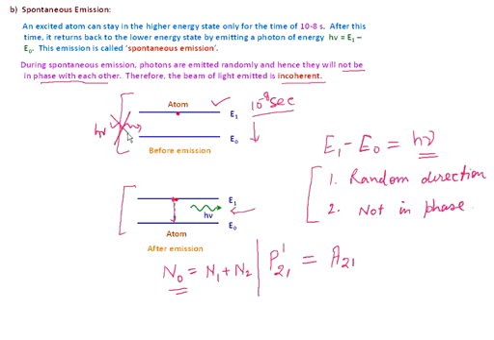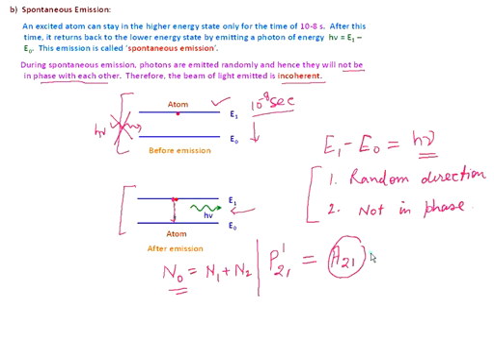So only the characteristics of the energy level play the role, and that comes through A21, the Einstein coefficient in case of spontaneous emission. So here I told you two things: the spontaneous emission process you can define by taking only one atom, and the transition probability you have to define by taking a large number of atoms.